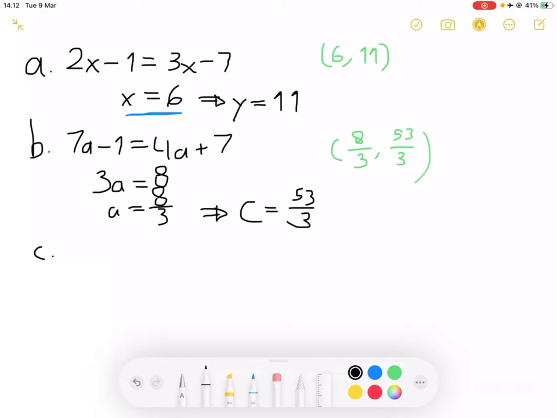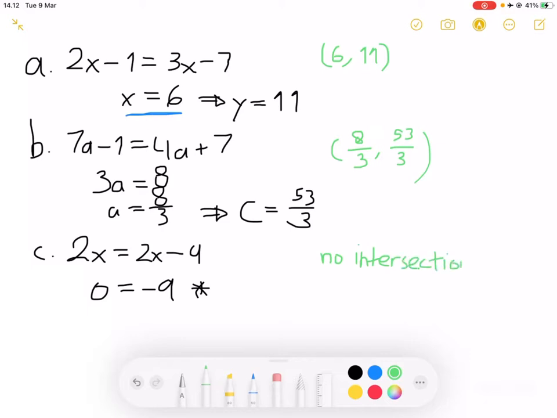Or at least if you try to set these equal to each other, you'll end up with a contradiction that 0 is equal to negative 9. So therefore, there's no intersection. Alright, so that's the third question.